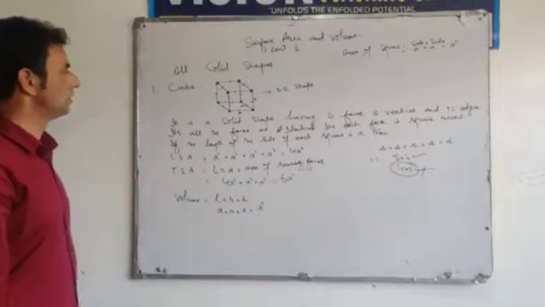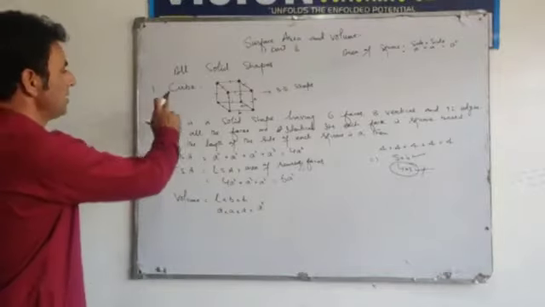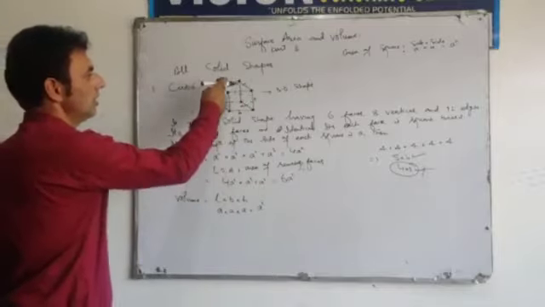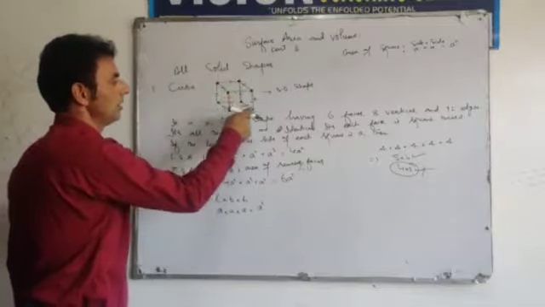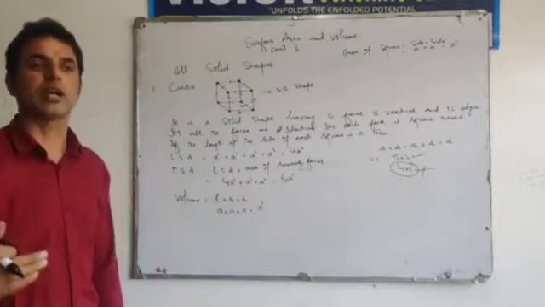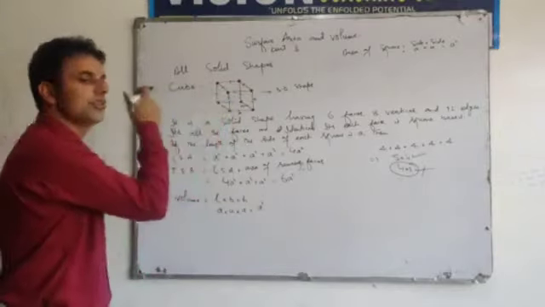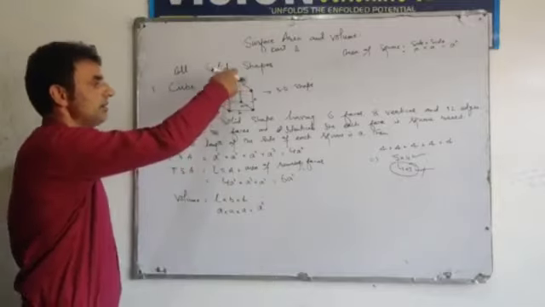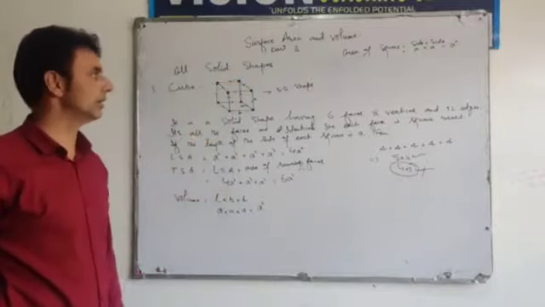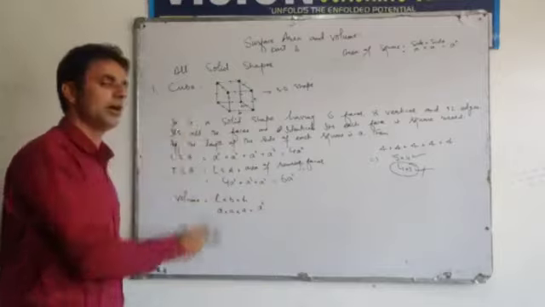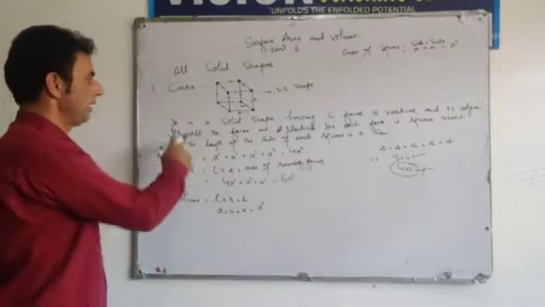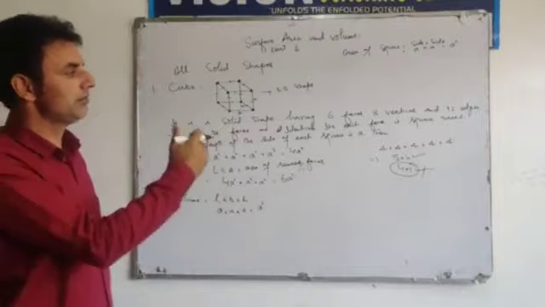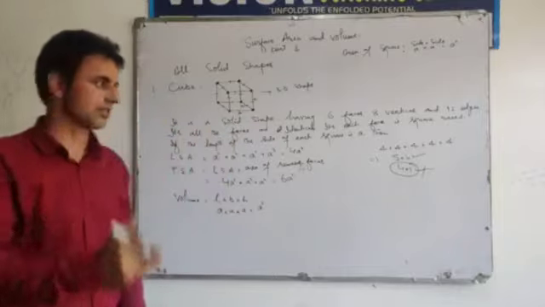This is about the cube. Again, first I said how to draw the cube. You have to draw a square. Then you have to take one more square of same size from the center of the first square. Then you have to join its corresponding vertices. After that you will get a cube. Then you have to write its definition. It is a solid shape having 6 faces, 8 vertices and 12 edges.